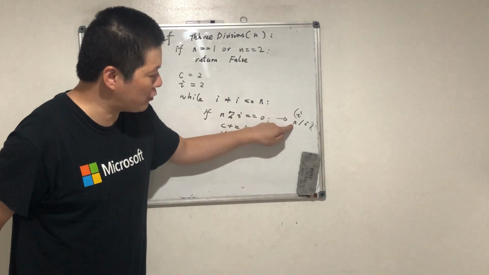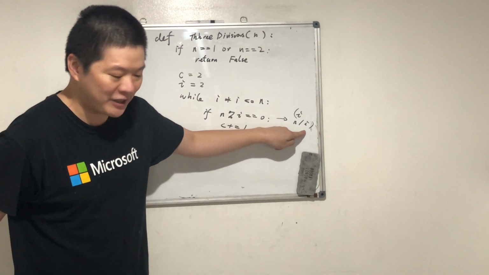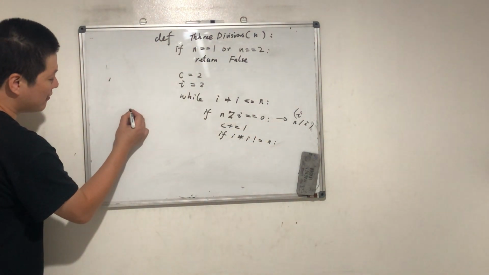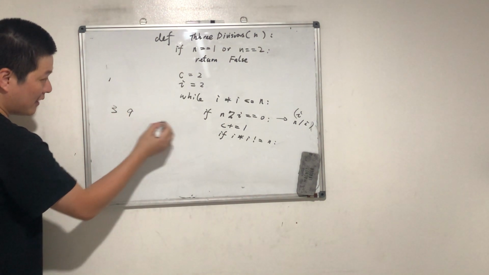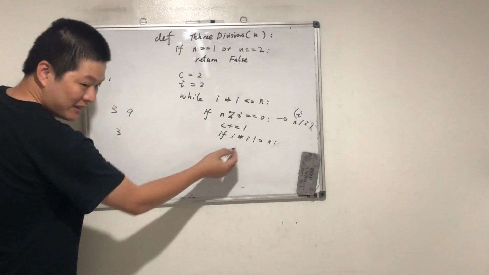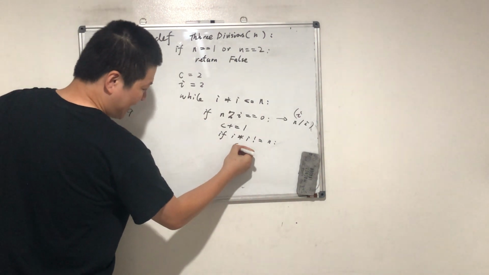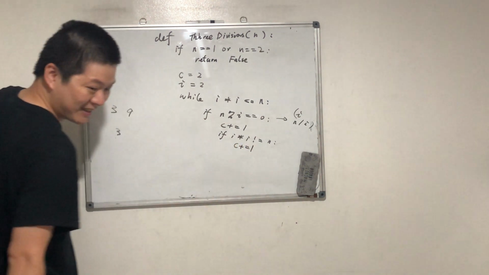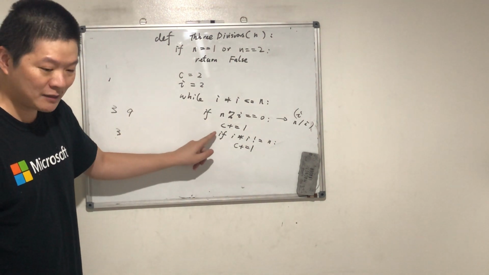When these two are equal, when i equals n divided by i, like 3 when n equals 9, we only add 1. But if i times i does not equal n, we add another c plus equals 1. Does it make sense? Do you understand what this bit is?